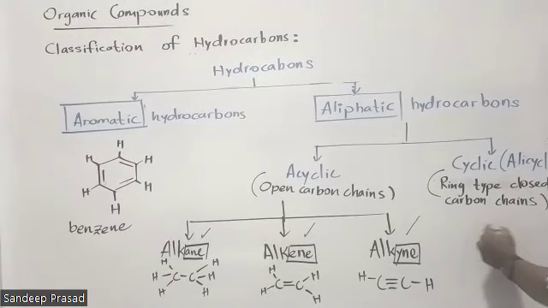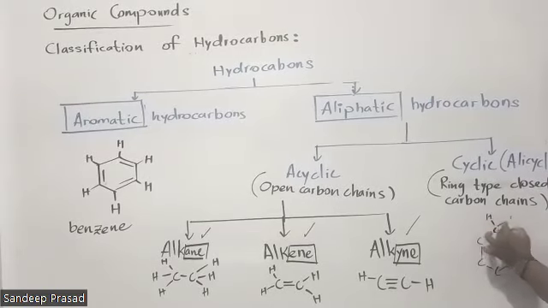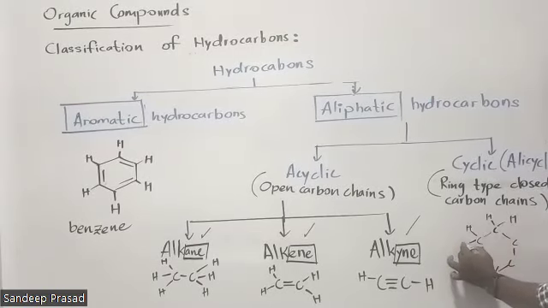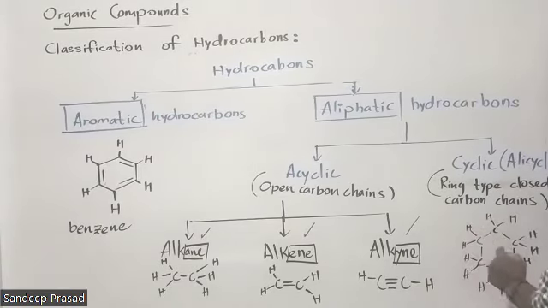Cyclic hydrocarbons means carbon is making ring type molecules. Look at this. Let me take a 6 carbon atom ring. This is not benzene now. Don't misunderstand. This is known as cyclohexane. What is the name of this molecule?